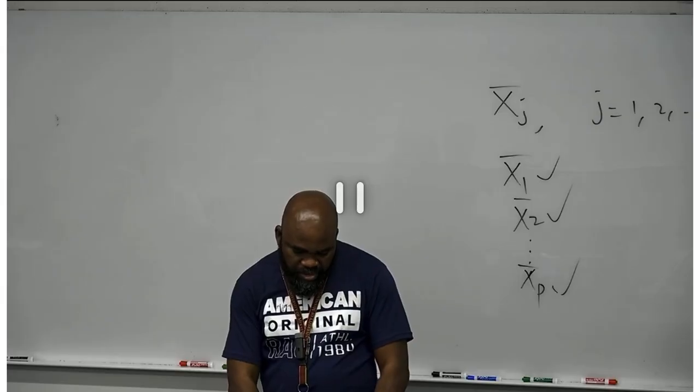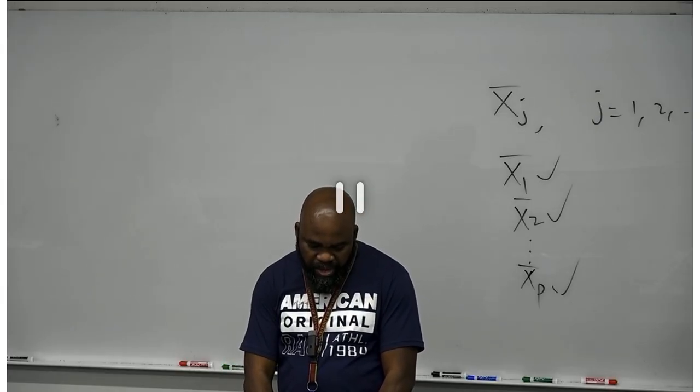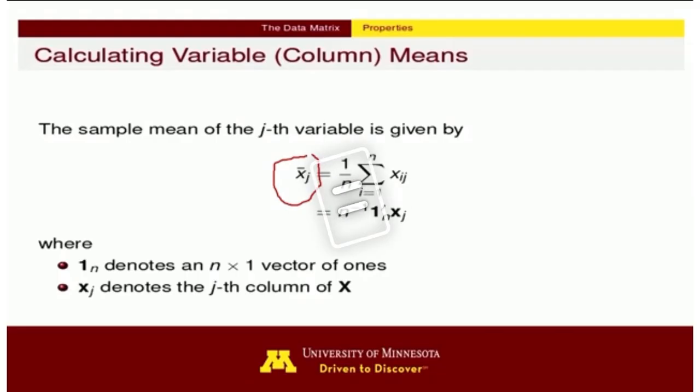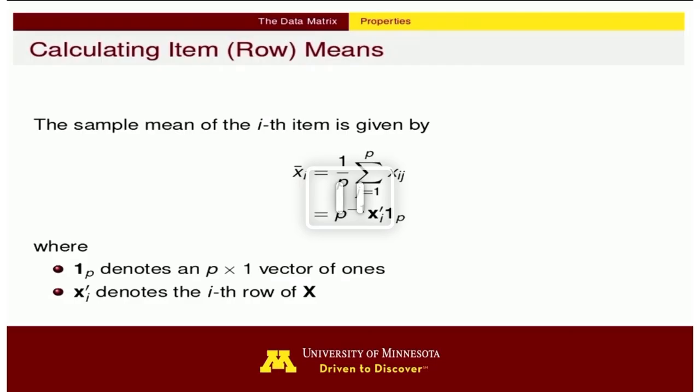We can also talk about the row means. There could be some reason why we may need the row mean. Maybe we're looking for the average for a particular individual. Don't forget, what you have in the rows are the individuals, right? When you're finding the mean for that person, you're taking into consideration the data for that person across variables.